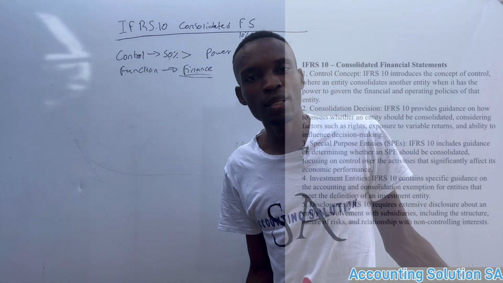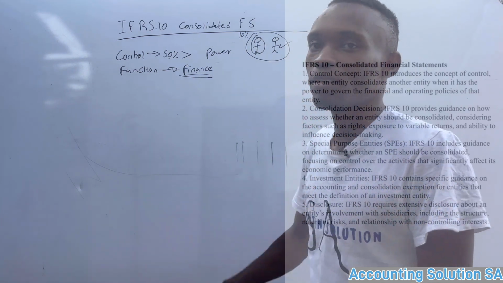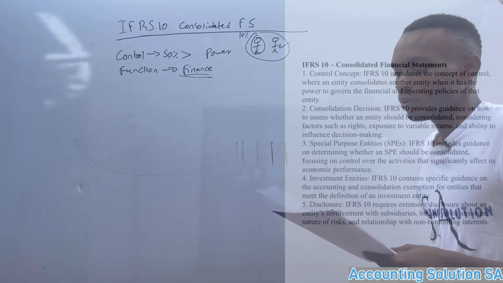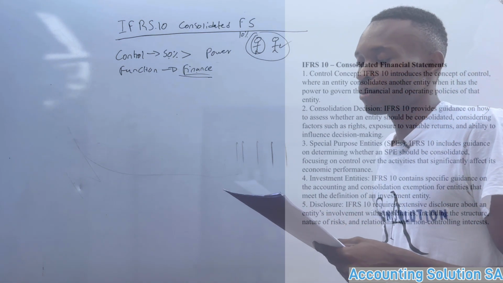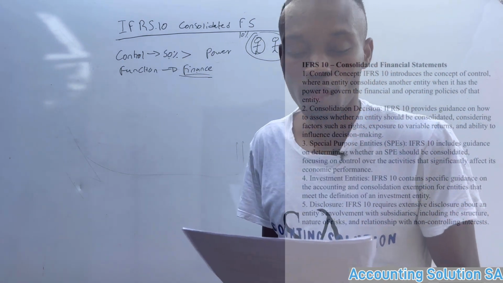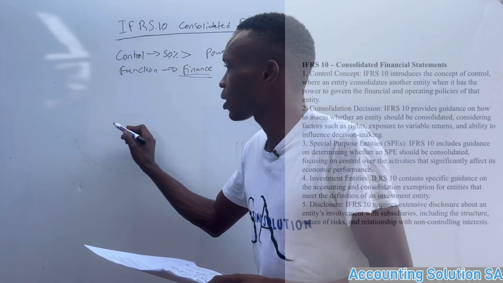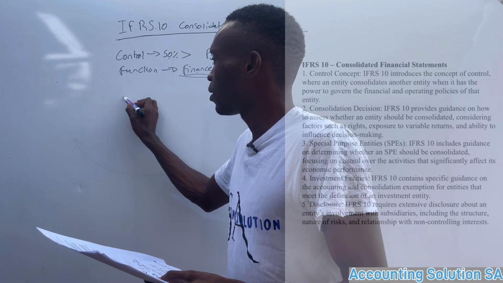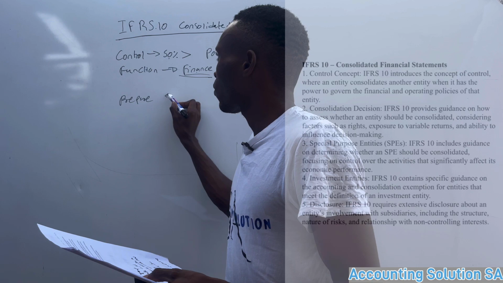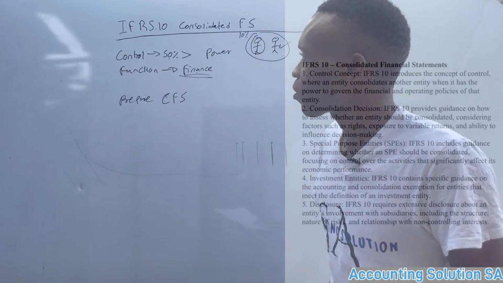But if they didn't say anything and they just state percentages, you can check the percentage to see who has control. Also, the company that has the ability to influence decision making. That's another point that you need to consider. After we have identified that, we can conclude that this company is the one that needs to prepare consolidated financial statements.